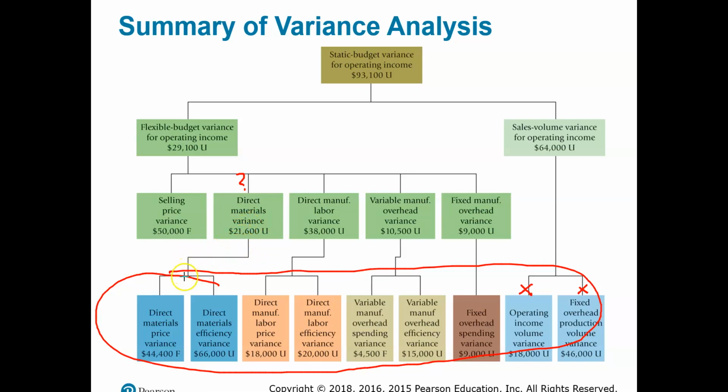When we dig down into the numbers, we see that we got a better price for the direct materials, so that was good, but it looks like we had to use a lot more materials than we had planned. So maybe the materials weren't as good of quality, and we're not very happy about that.